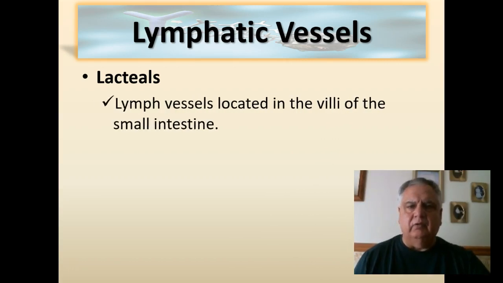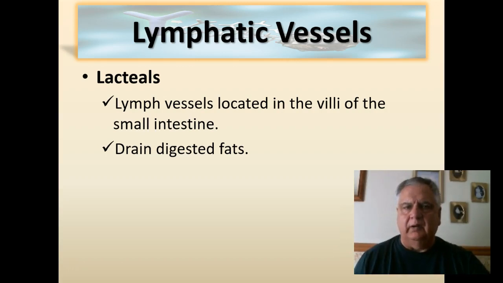Lacteals are lymph vessels that are actually located in the villi of the small intestine, these little finger-like projections in the small intestine that you'll learn about when we get into the digestive system. The job of lacteals is to drain digestive fats that enter the villi and then eventually return those digestive fats to the blood.